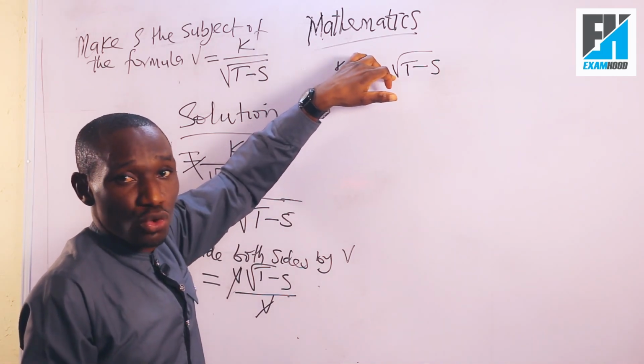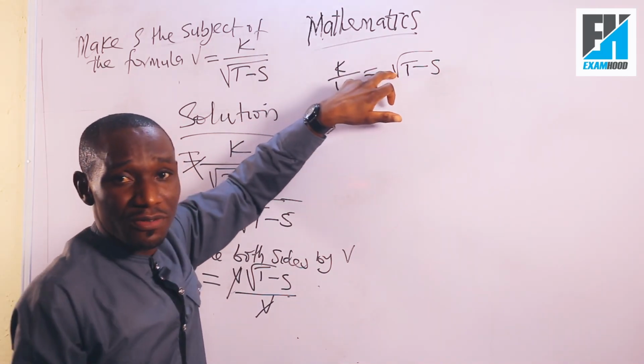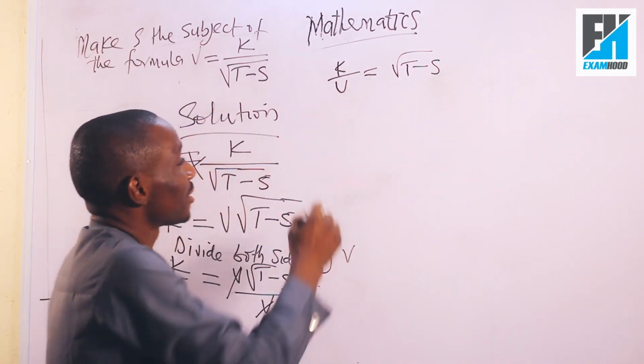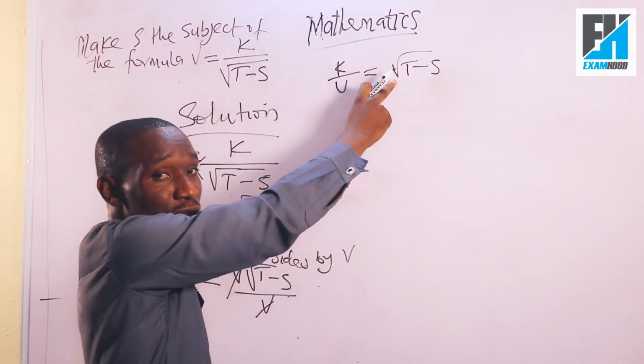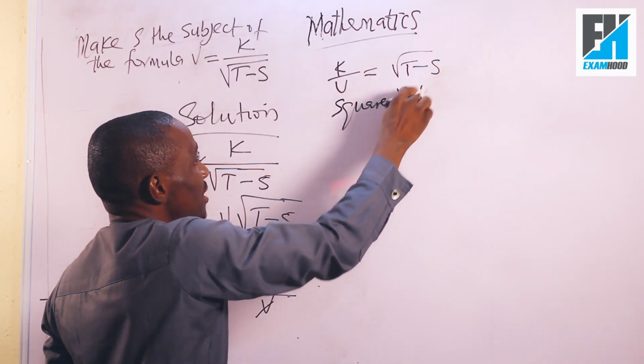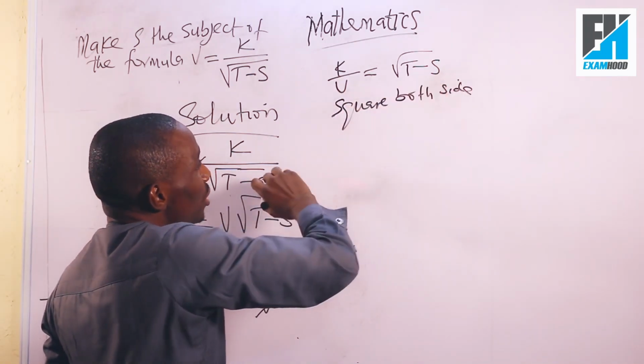We're going to square both sides. For us to remove this square root sign, we're going to square both sides of the equation.